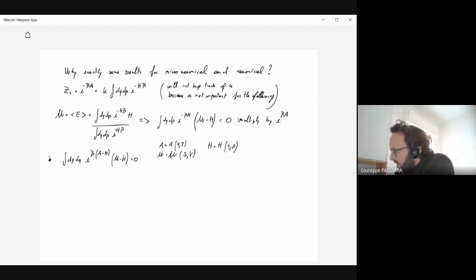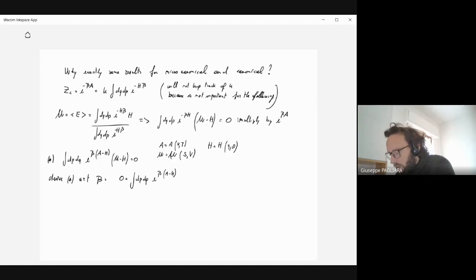Now let me call this asterisk and derive asterisk with respect to beta. Okay? And this, of course, is equal to 0, and here I have dp dq e to the beta (A minus H), which is the derivative, and then I have to derive the numerator.